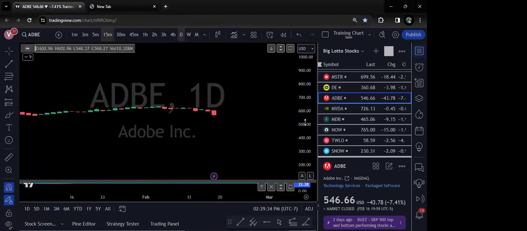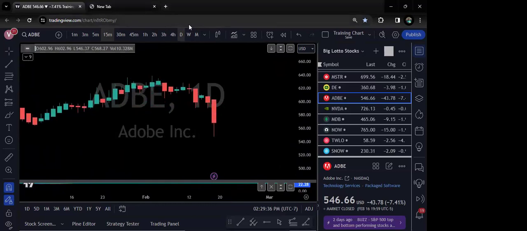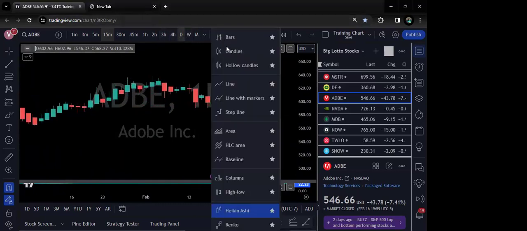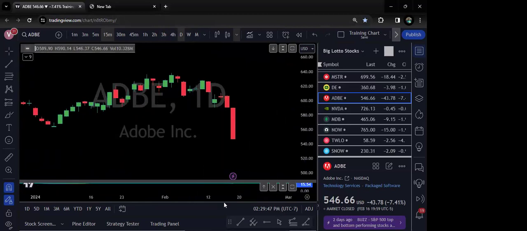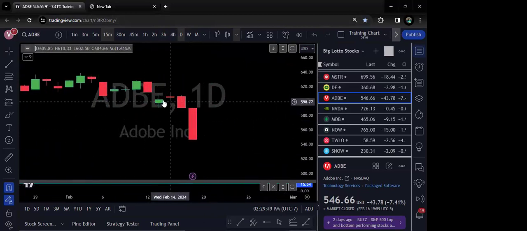That doesn't look like a doji that day. See, it's not a doji, but it's still an indecision candle. It wasn't a doji, it's a spinning top.